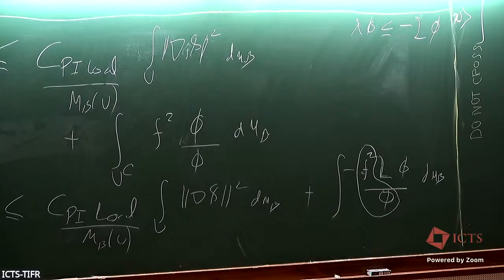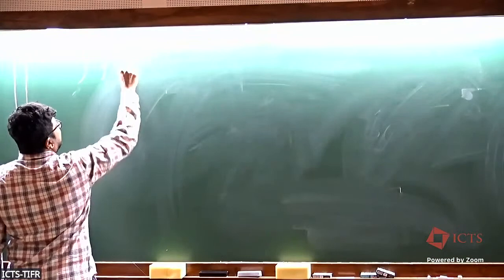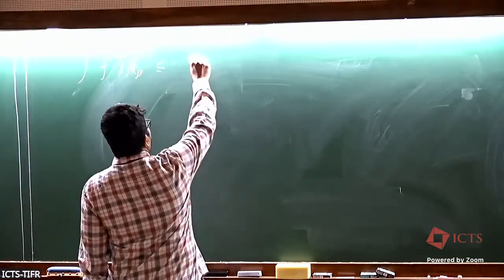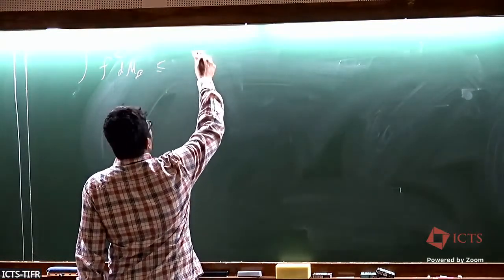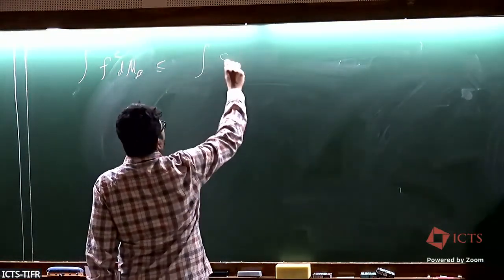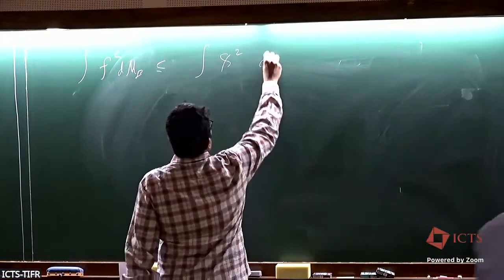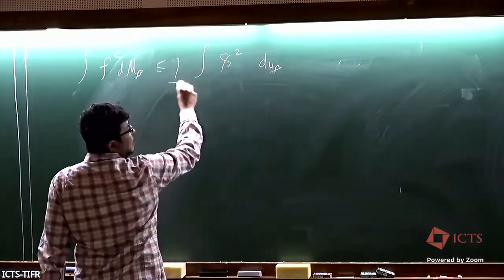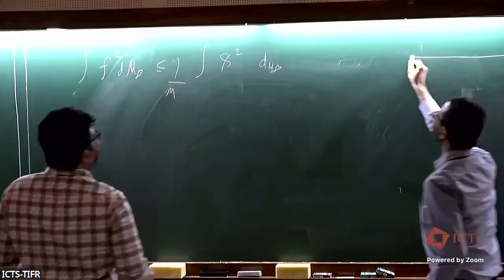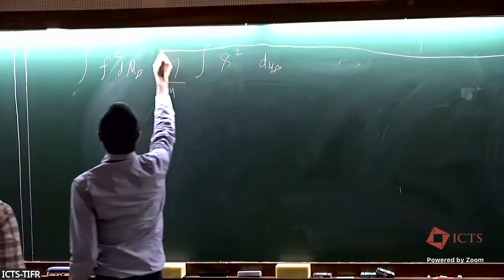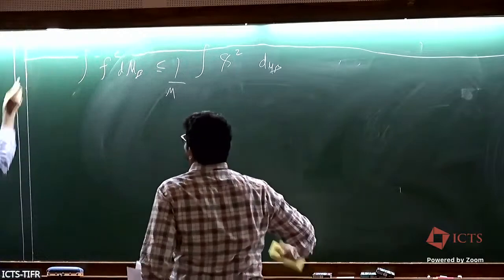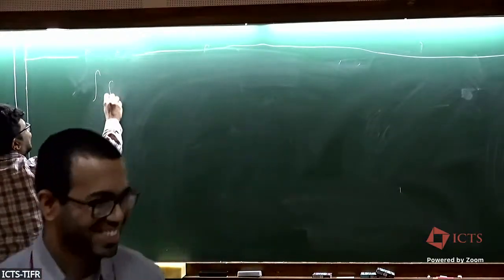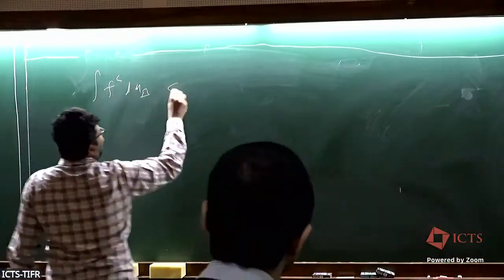On the left hand side I had f squared d mu beta, and on the right hand side, beta times the integral of psi gradient psi squared d mu beta.